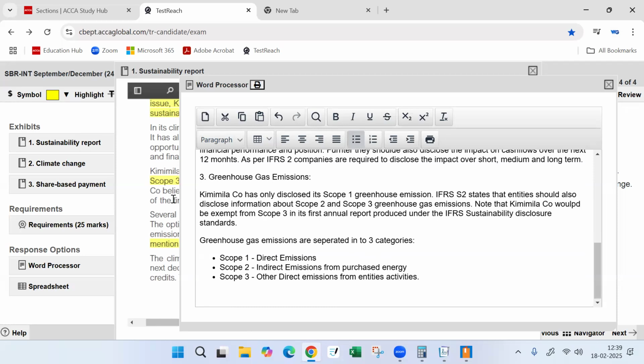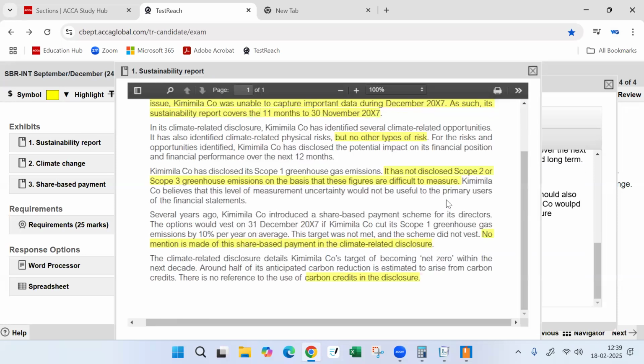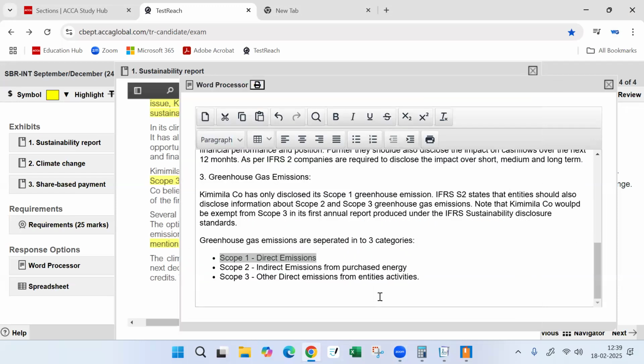Okay. And then what happened? If you look here, the target was not met and the scheme did not vest. No mention of this was made in the share-based payment in the climate disclosures, correct? So you have to mention that. You have to mention the targets that you have established. So the next one is targets.